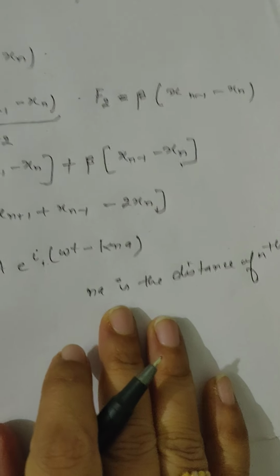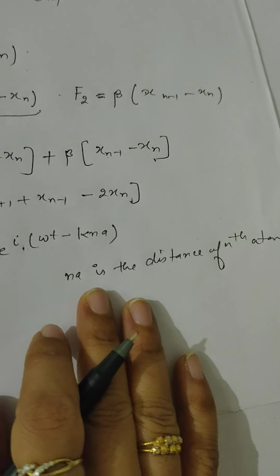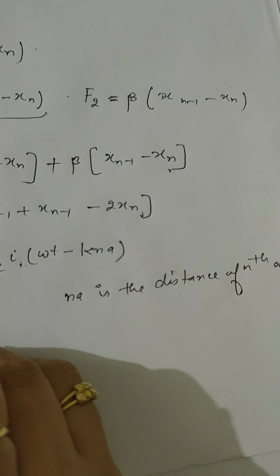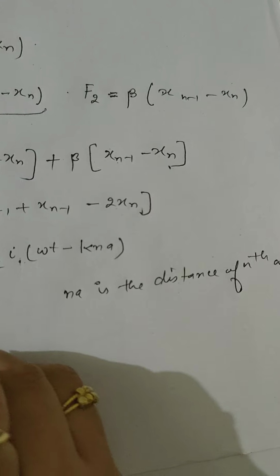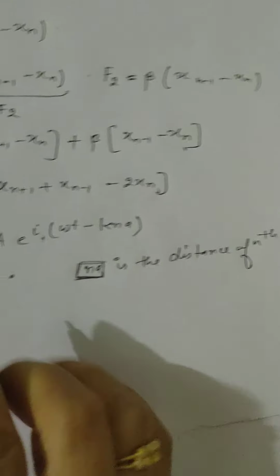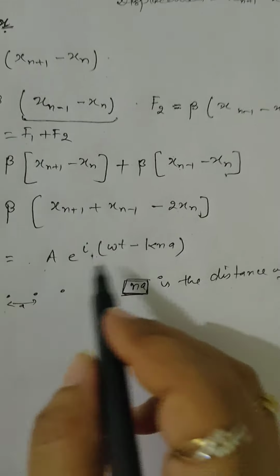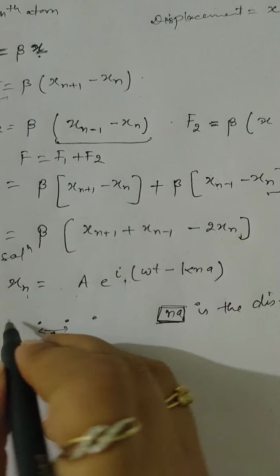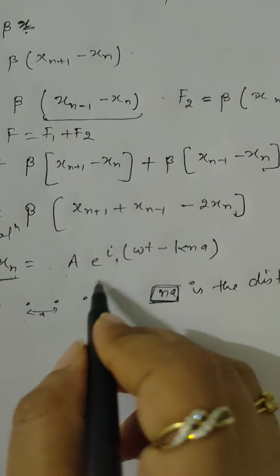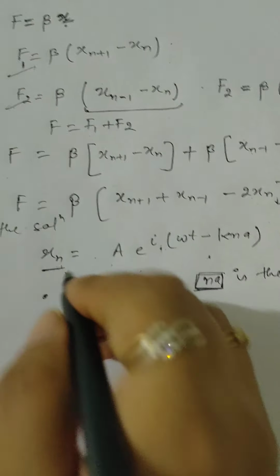If you consider some atom as the reference point, you can say at the origin, and the distance between two neighboring atoms is a, then for the nth atom it will be equal to na. So if the solution of this equation is xn equal to this, we will solve it for xn.